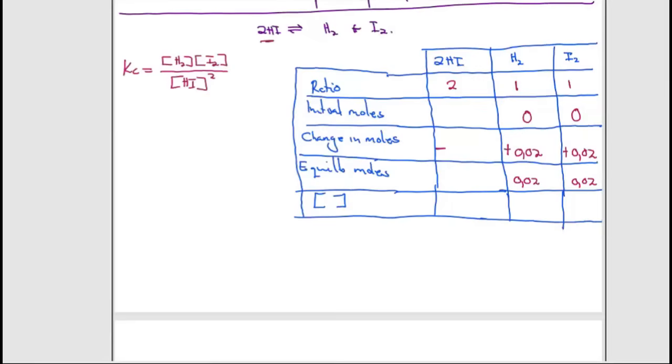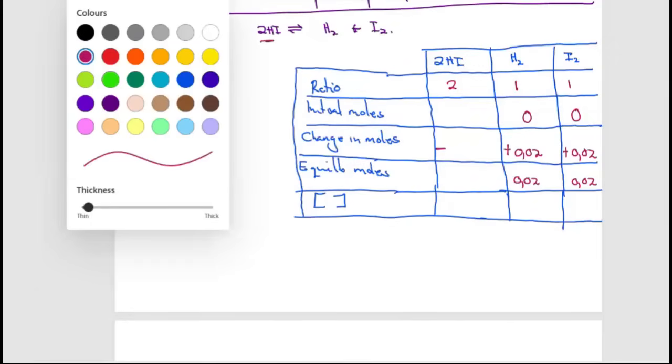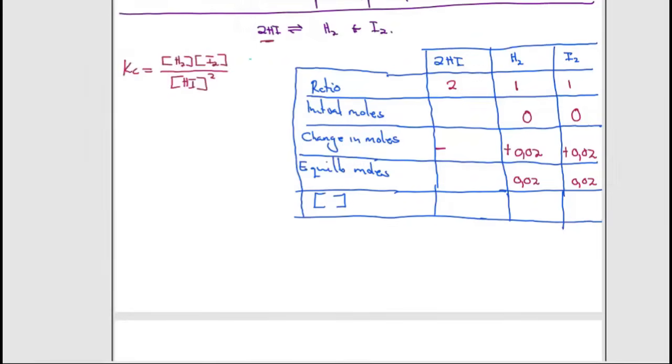It means my value for Kc there is 0.16, right? So let me use a different color. Therefore, I'm going to say Kc is 0.16 is equivalent to, okay, so now what are we going to have there, right? So we need to get the concentration of these two.